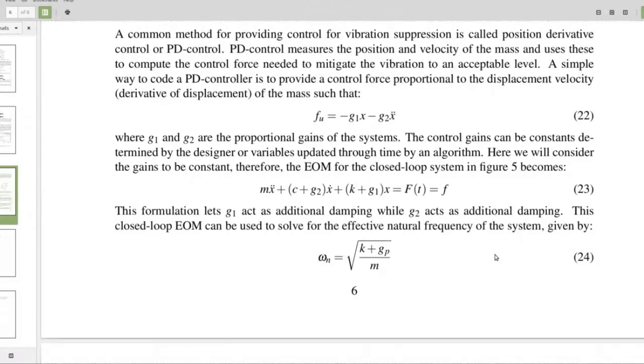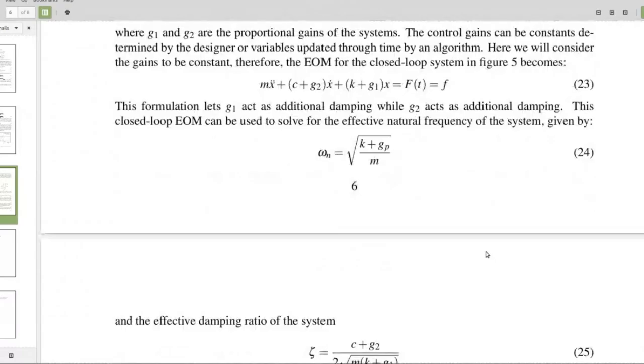It's best not to think of the actuator as a way that adds force, but rather as a way that adds synthetic damping or synthetic stiffness. Because it's a controller in a loop, it can adjust that through time. So G1 is additional stiffness and G2 is additional damping.